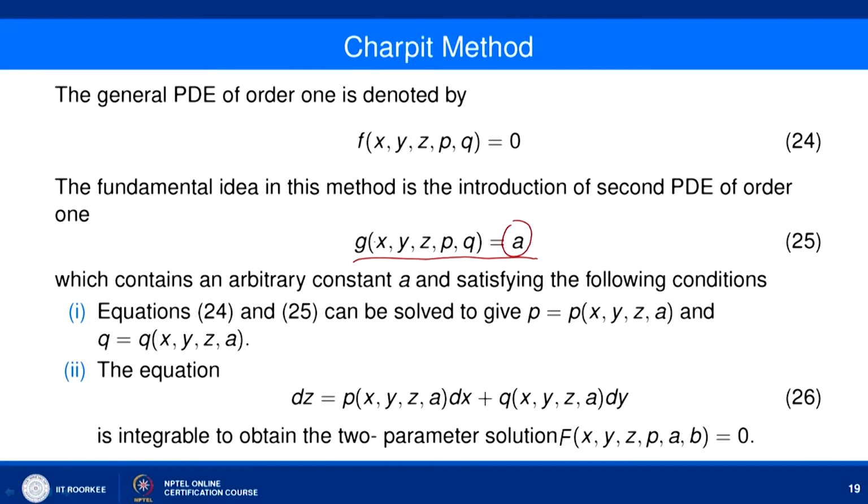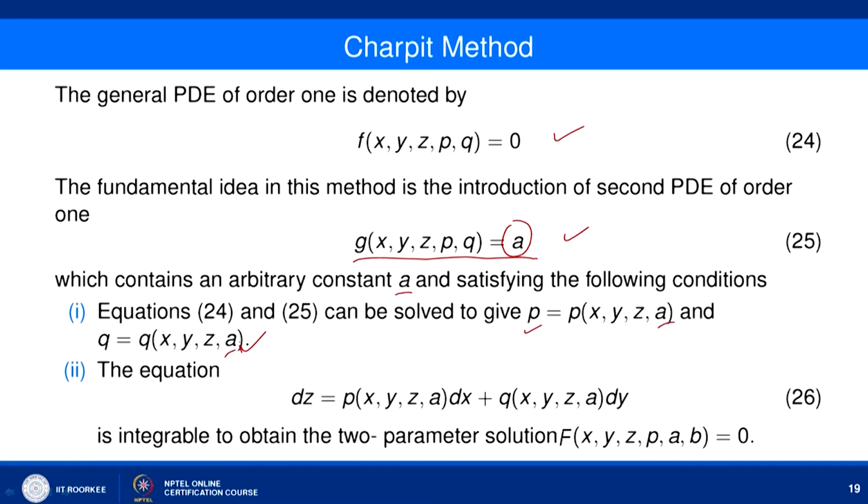The fundamental idea in this method is the introduction of a second PDE of order 1, that is g of x, y, z, p, q equal to a, which contains an arbitrary constant a and satisfies the following condition. The condition is that we can solve these two equations for p and q, and of course, since the equation of g involves one parameter a, p and q will also involve that parameter a.